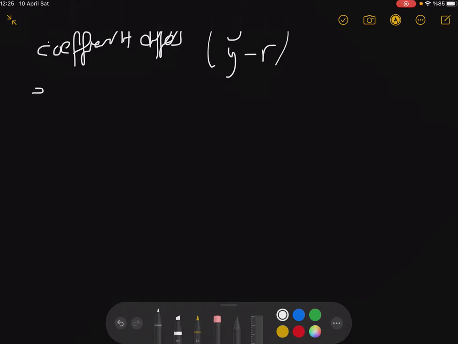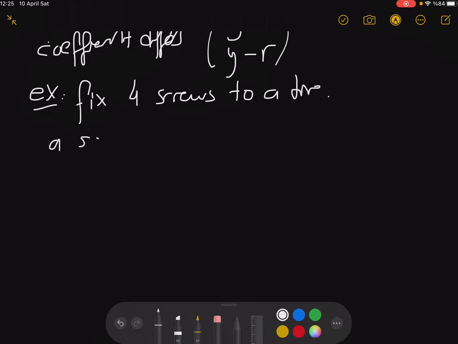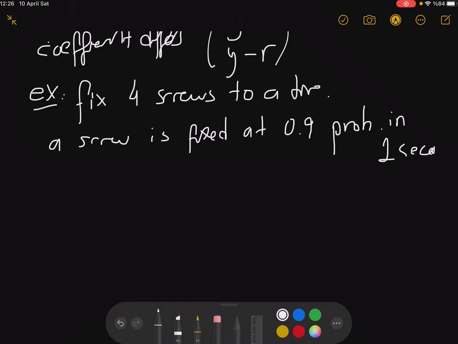Like if we're trying to fix 4 screws to a tire here, as we consider that a screw is fixed with 0.9 probability in 1 second. So a trial lasts for 1 second.